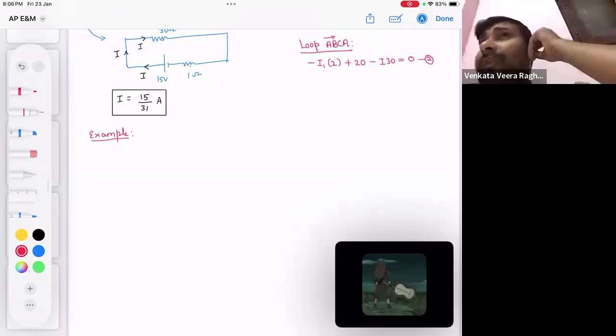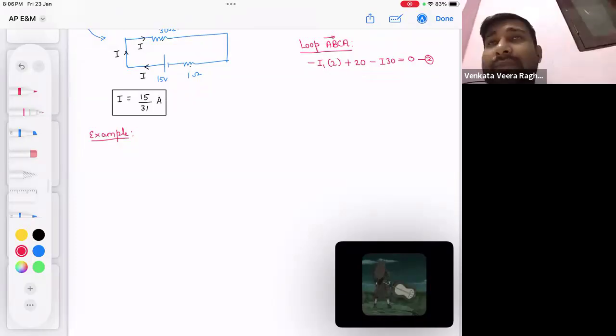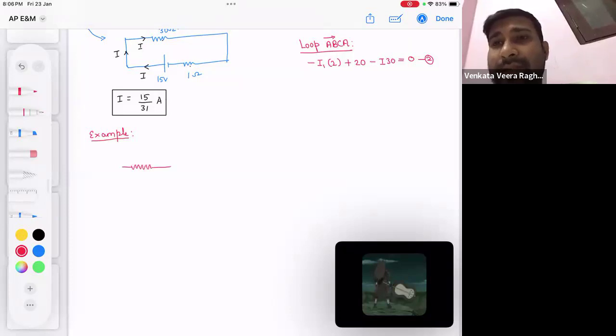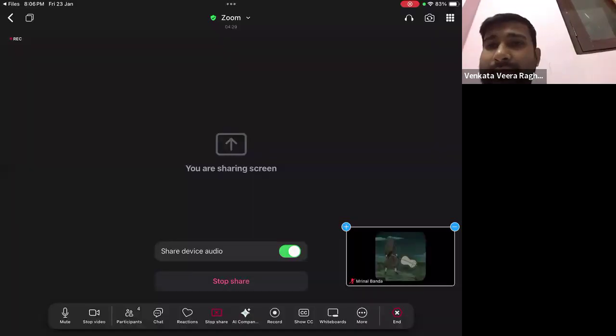Ajay, tell me, can we apply Kirchhoff's voltage law for a part of a circuit? Let's say I'm giving you a question like this. This is a resistor, this is a battery, there is another resistor, another battery, and another resistor and battery.